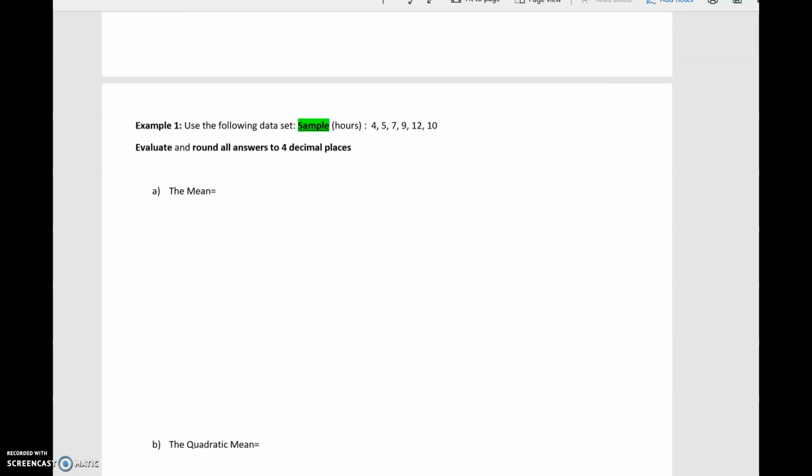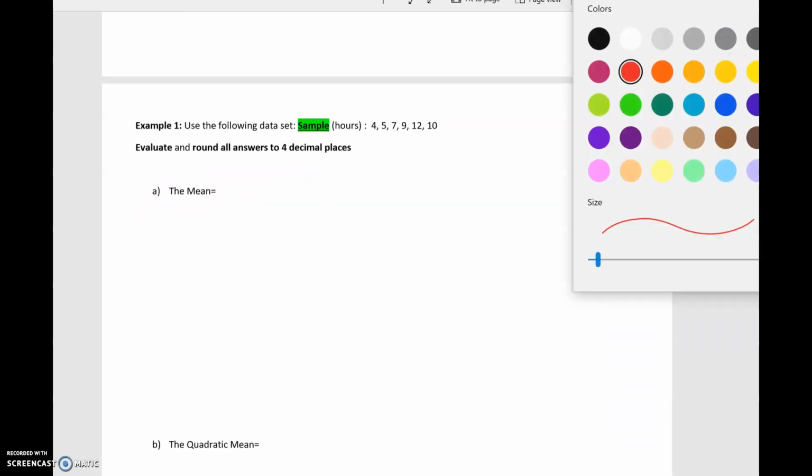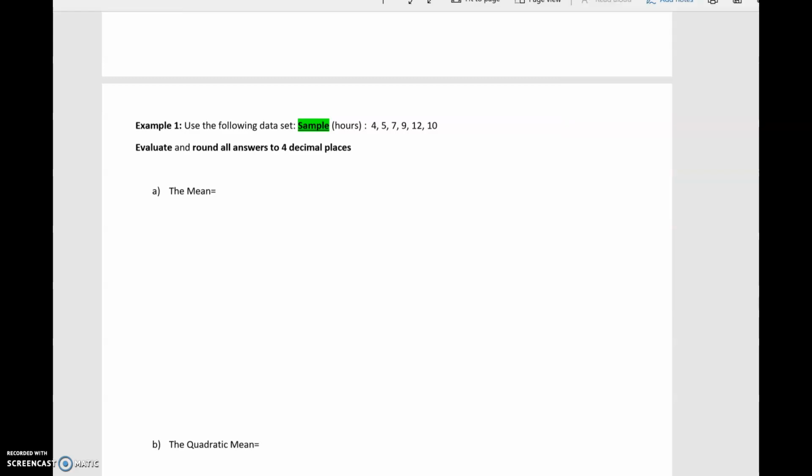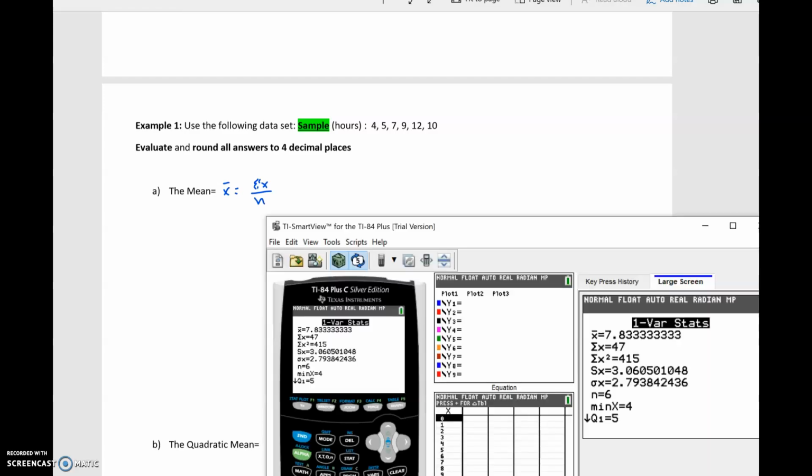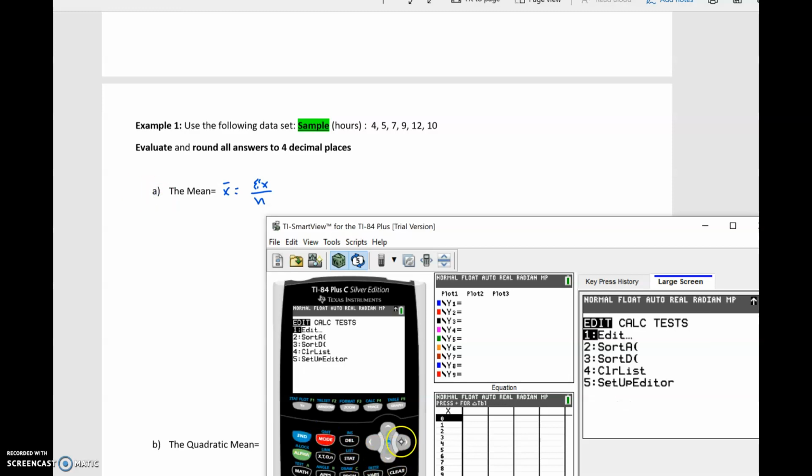Okay, let's take a look at example 1. In example 1, they want us to evaluate on the very first one the mean. In this case, this is a sample, so I'm just going to talk about this one being x bar, and this is the sum of the x's divided by n. Now, what you could do here is technically, let me exit that, enter the data set.